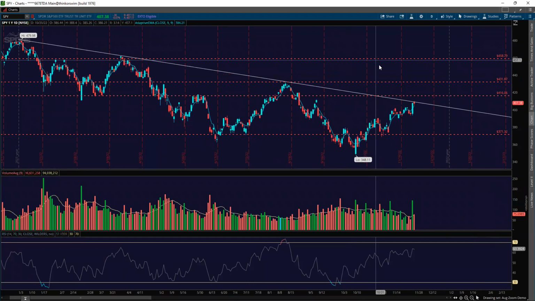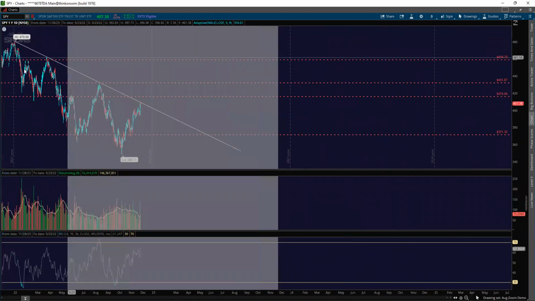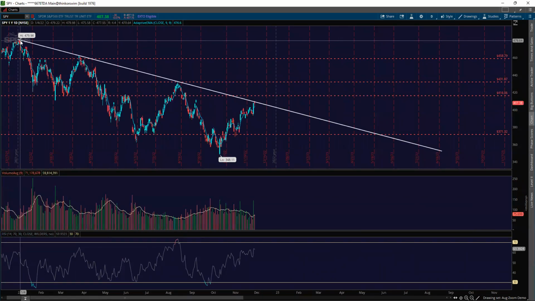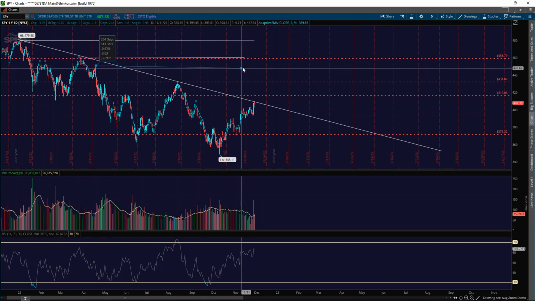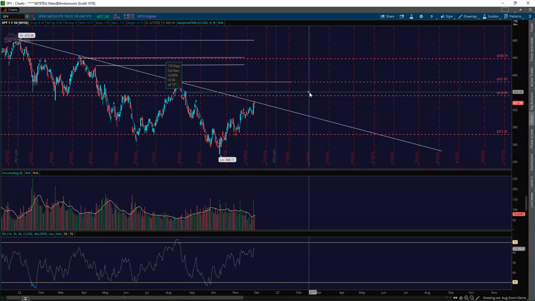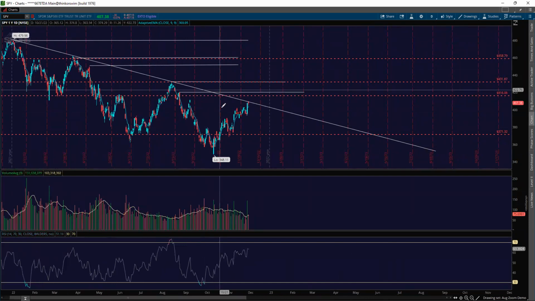that we haven't retested, right? So as the chart moves forward, you can see that we have all these highs, right? That we haven't come back up to retest. And then the same thing goes for lows, right?